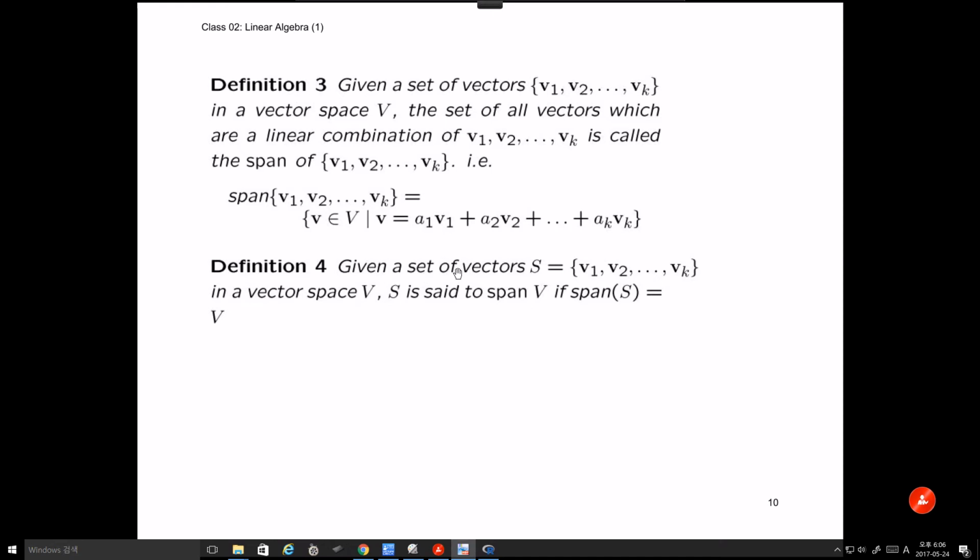Now, given a set of vectors S, V1 to Vk, in a vector space V, S is said to span V if span S equals the original space V.